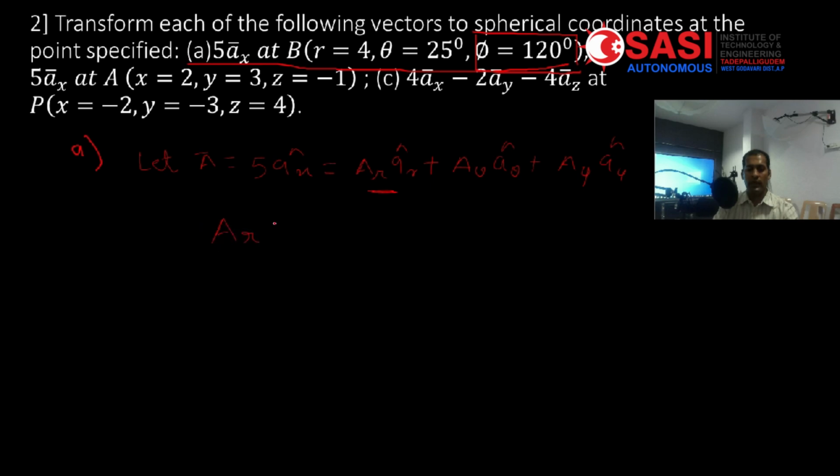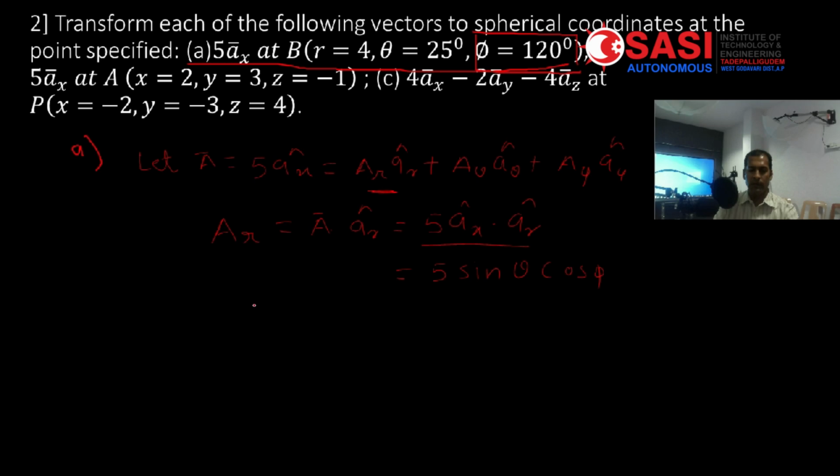First, AR will be equal to A dot AR cap. For solving this we take the dot product. Phi is only with AX cap, so we take AX cap dot AR cap. According to our table, this value is phi sin theta cos phi.